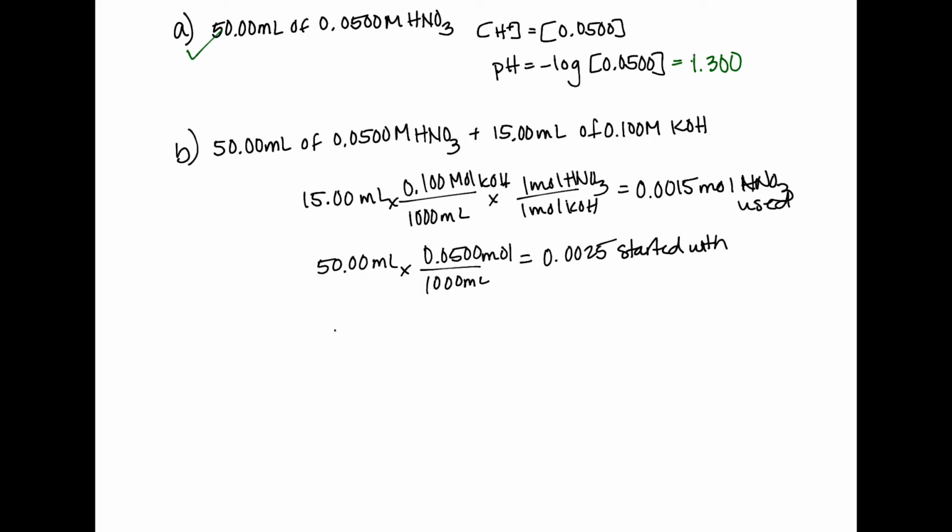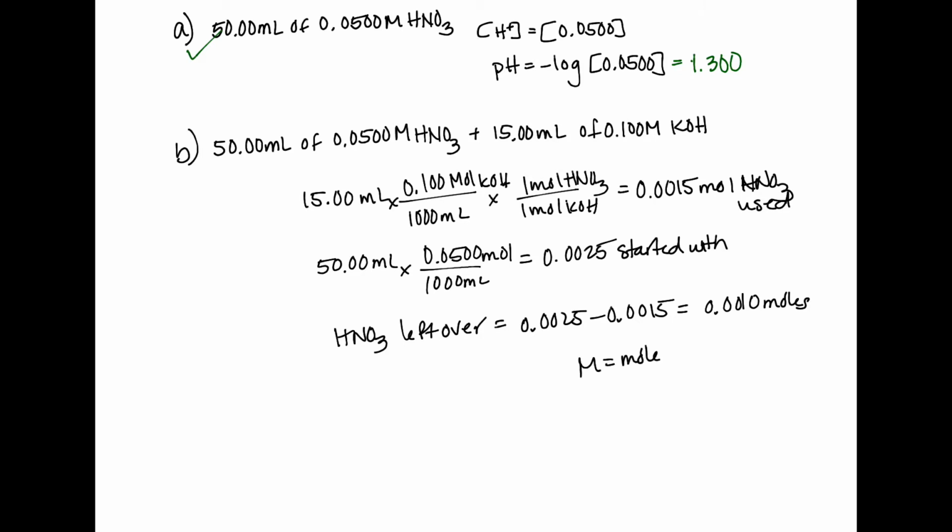So the HNO3 left over is going to be 0.0025 minus what was neutralized by the base. But I need molarity, so molarity is going to be moles divided by volume. I have my moles, but my volume is going to be my 50 milliliters that I started with plus the 15 milliliters of base.